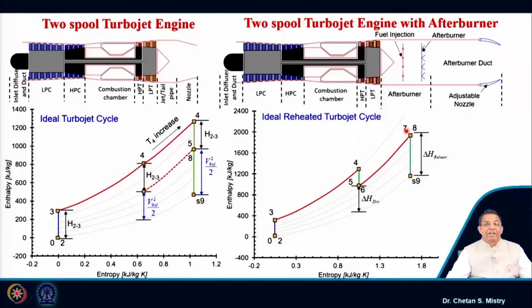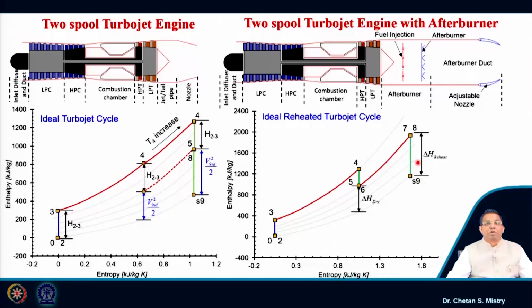When we increase the temperature at the entry of the nozzle, between the entry and the exit of our nozzle, my delta H will be higher, and this delta H will lead to an increase in our exit velocity, and this is how we do the augmentation of the thrust. So, now you are clear with what we were discussing.